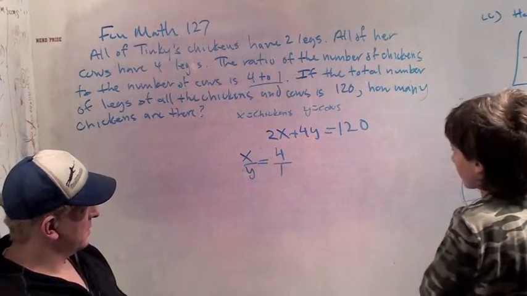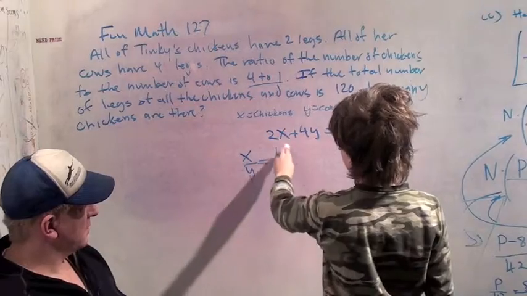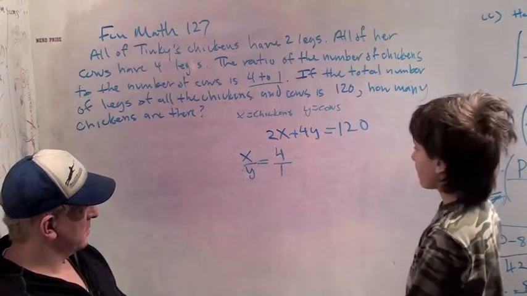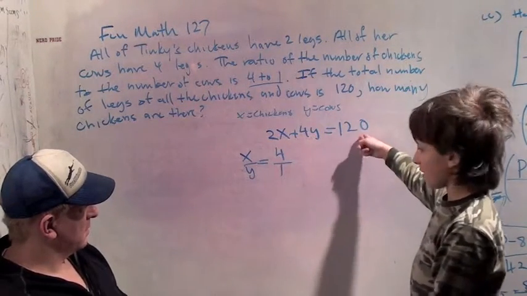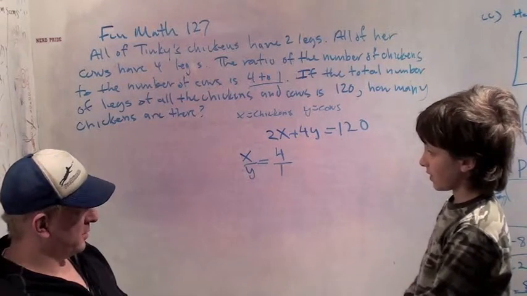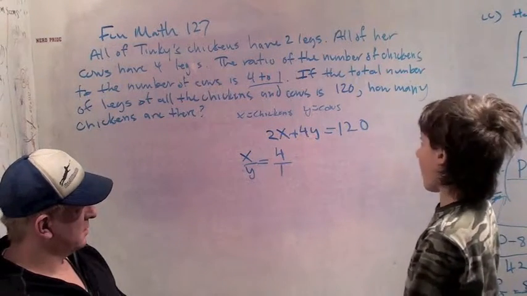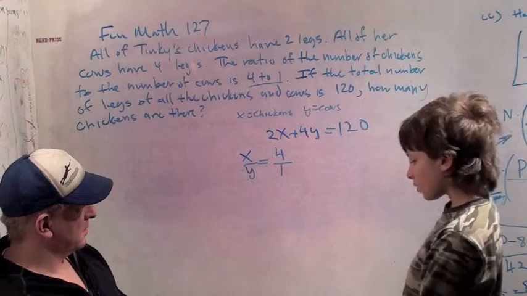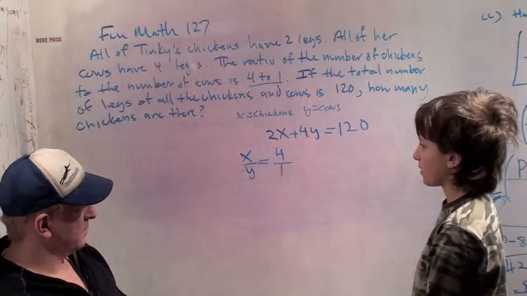Well, for the total animals, it means 5 times something is going to be equal to 120. That's true, and 5 times 24 is 120.